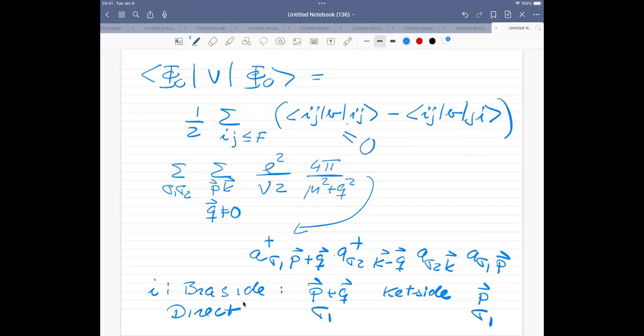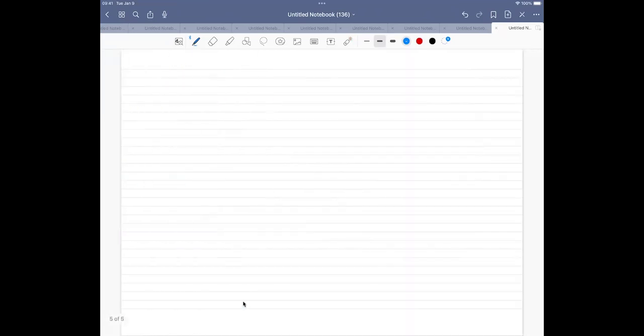So the next term, if we look at this minus ij of v of ji, and now I'm going to plug in the explicit quantum numbers. When I look at that one, this is now given by the creation operators as P plus Q. This one is given by K, and that is actually allowed because that is the way we have defined it.